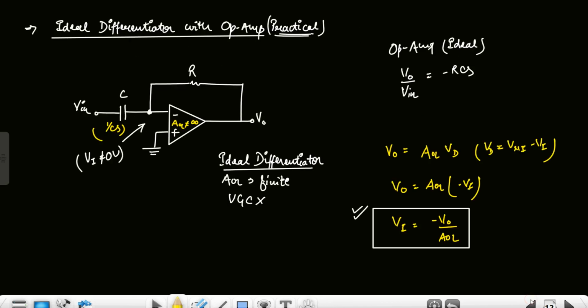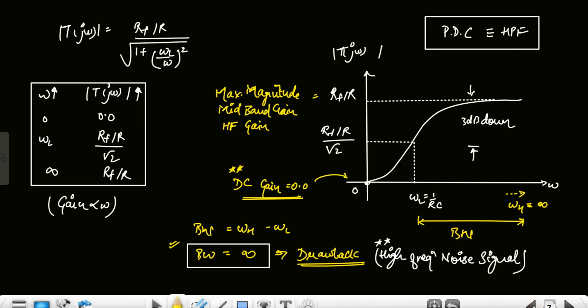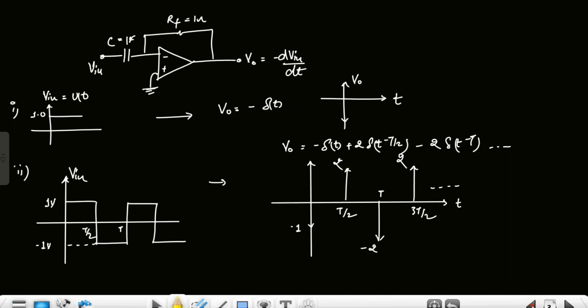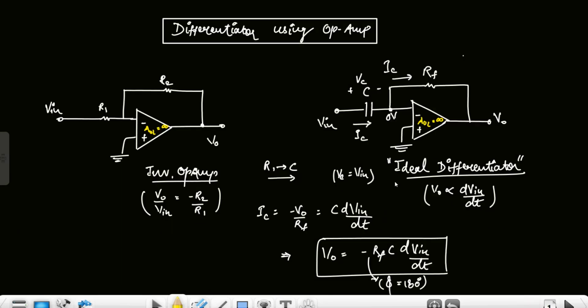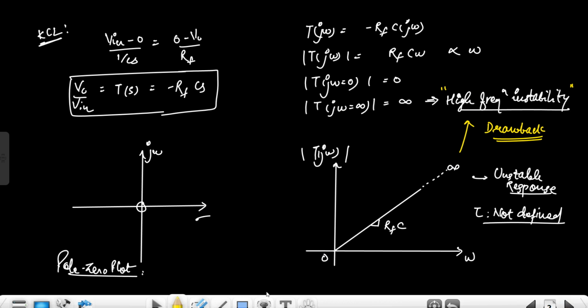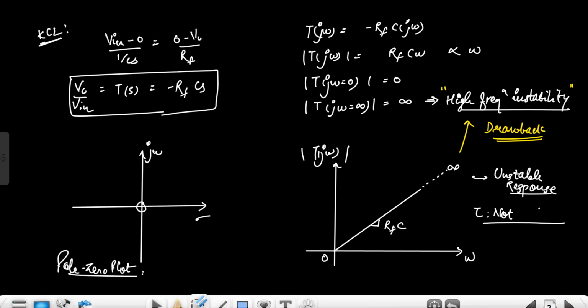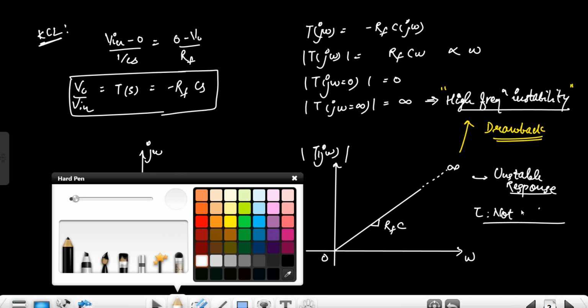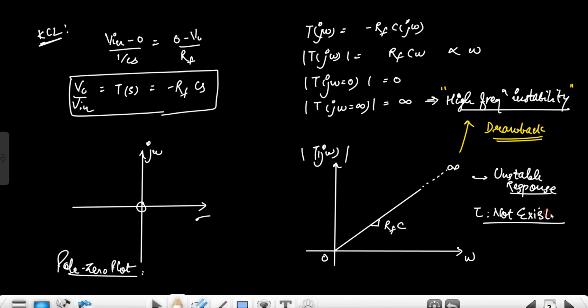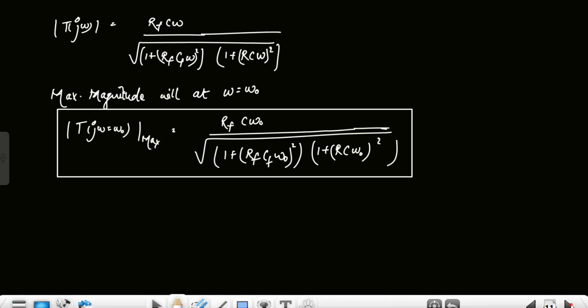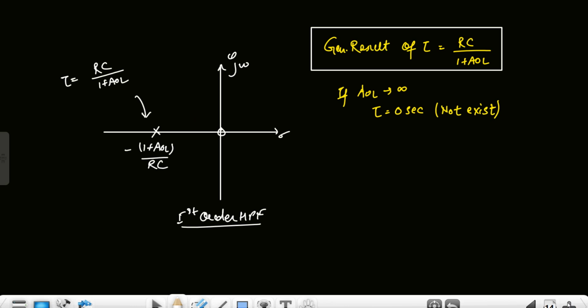I made a mistake in the ideal differentiator which I discussed earlier. I said that the time constant is not defined, but that is not good terminology. It should be that the time constant does not exist, or the actual value is 0 seconds. So this is my mistake, sorry for that. This is 0 seconds, as we can see from this generalized expression.